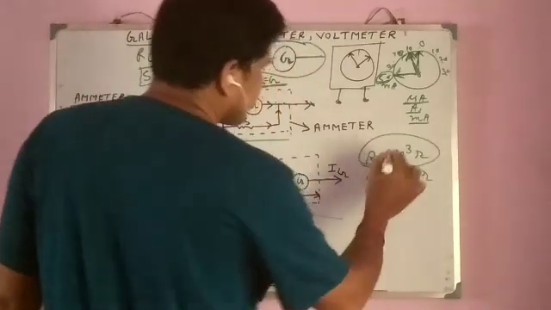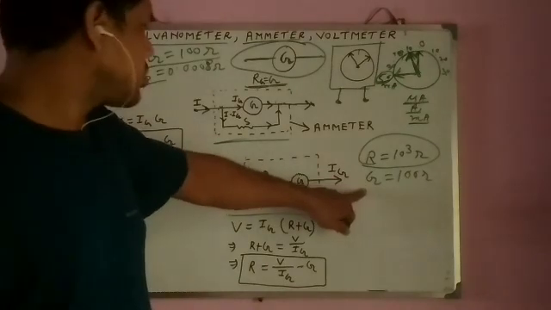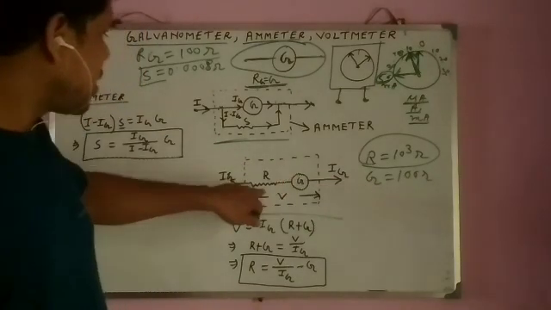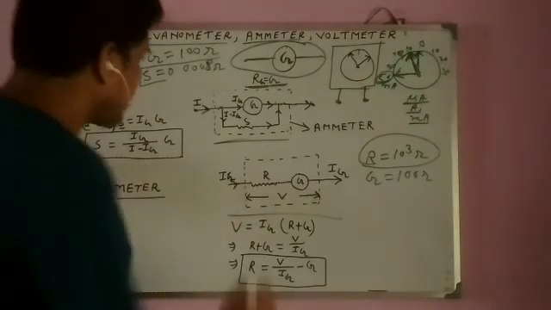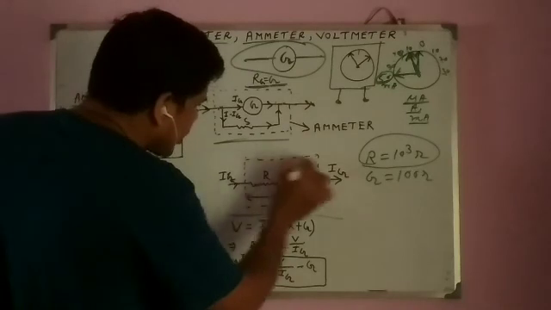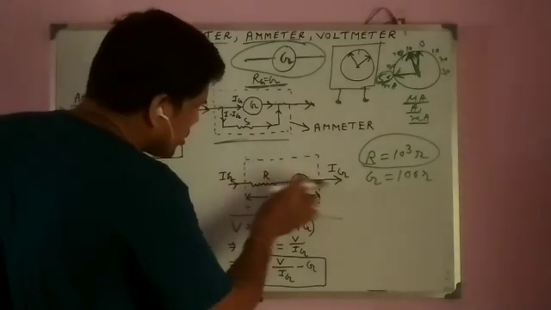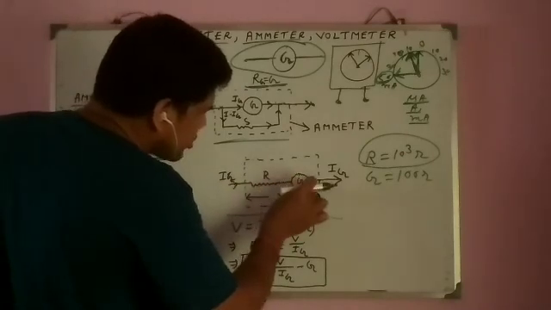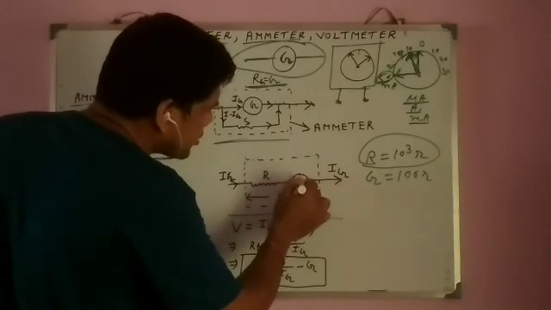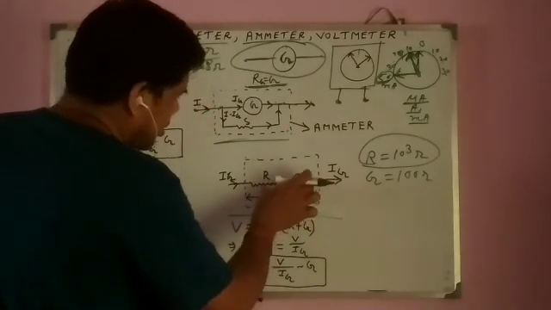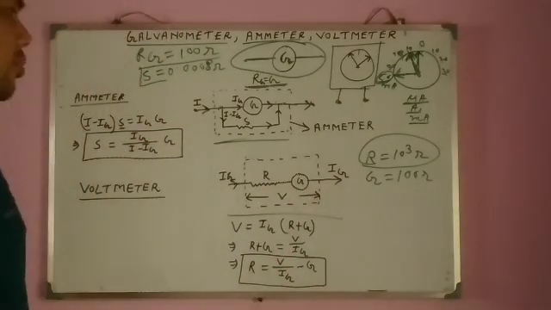So this resistance is very high in comparison to the resistance of the galvanometer. Within this dotted box there is one resistance R connected in series with the galvanometer resistance Rg, so this dotted box acts like a voltmeter.